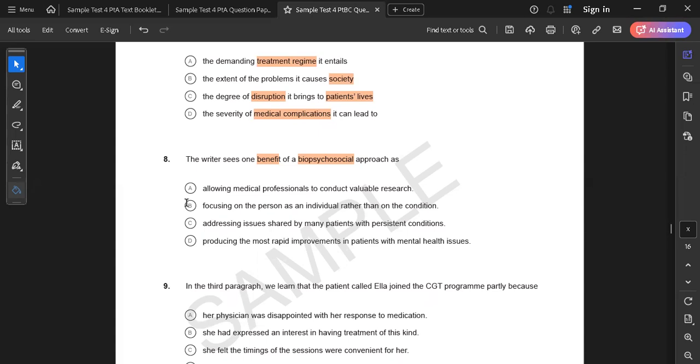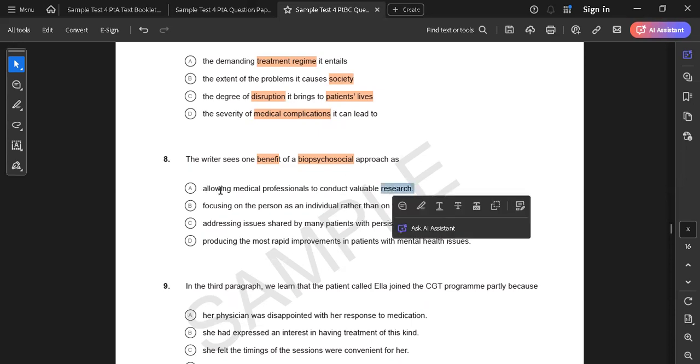Benefit and biopsychosocial. So you will underline benefit, and biopsychosocial.